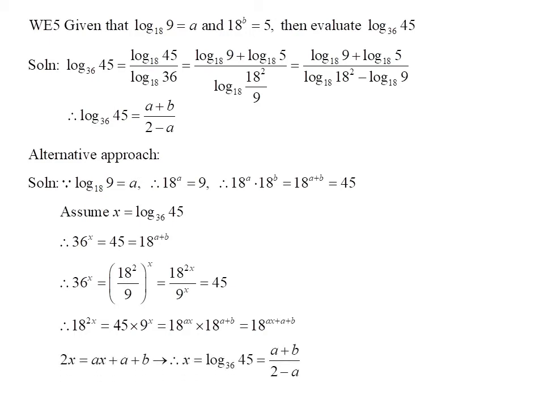Since both sides of the equation have the same base 18, we equate their indices and get x equals logarithm base 36 of 45, which equals the sum of a and b over the result of 2 minus a.